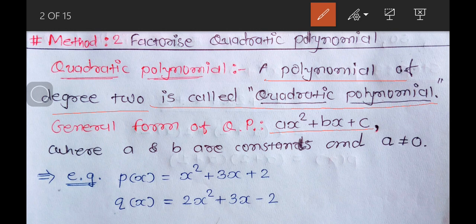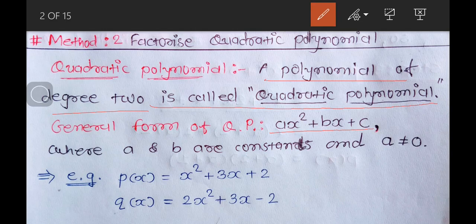Here you can see that the highest power of the polynomial is x raised to 2, and it is also the degree of the polynomial. So it is the general formula of a quadratic polynomial, ax square plus bx plus c.